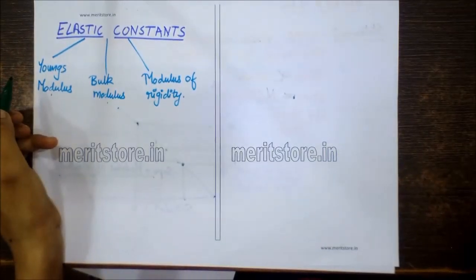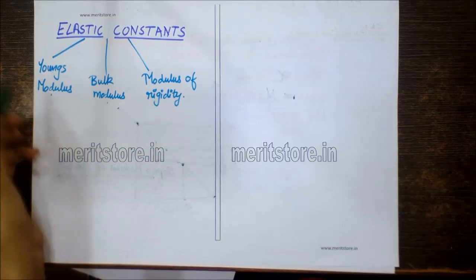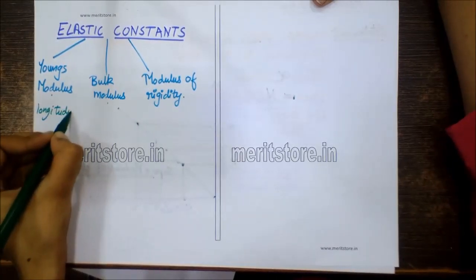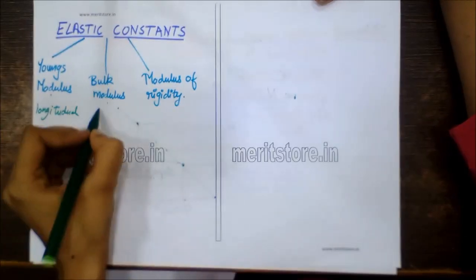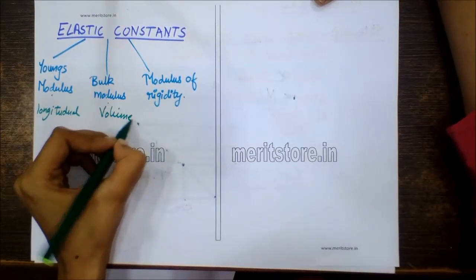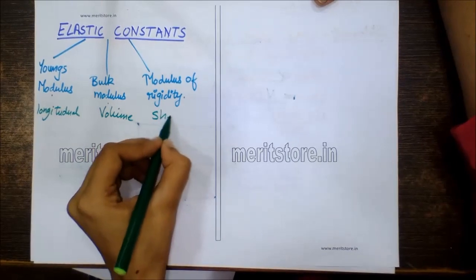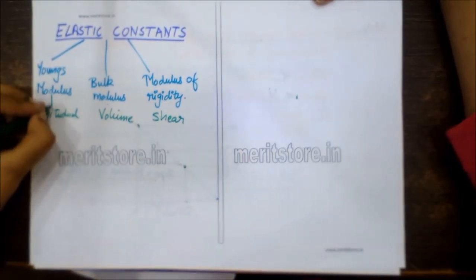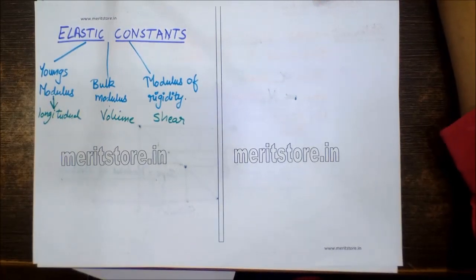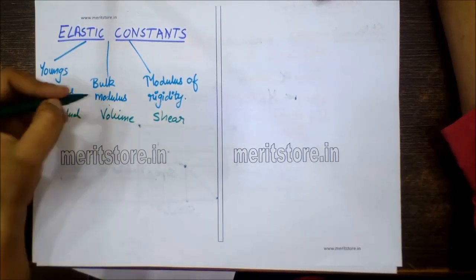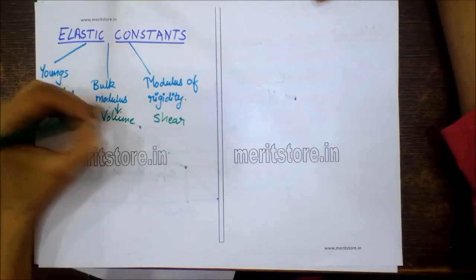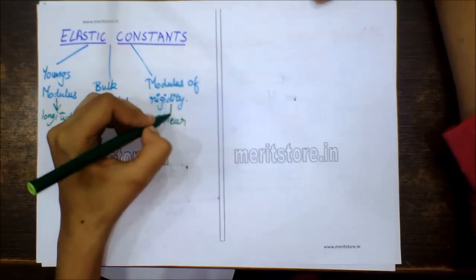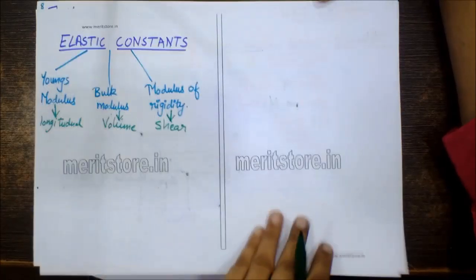We had 3 types of stress and 3 types of strains: longitudinal stress, longitudinal strain, volume stress, volume strain, and shear stress and shear strain. Young's modulus deals with the longitudinal stresses and the longitudinal strains. Bulk modulus deals with the volume stresses and the volume strains, and modulus of rigidity deals with the shear stresses and the shear strains.